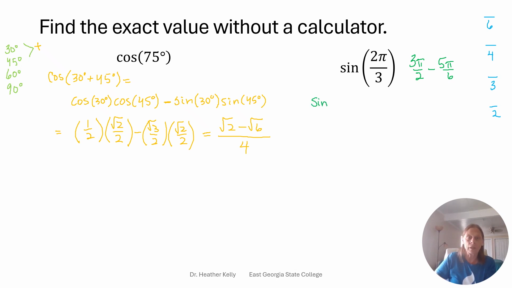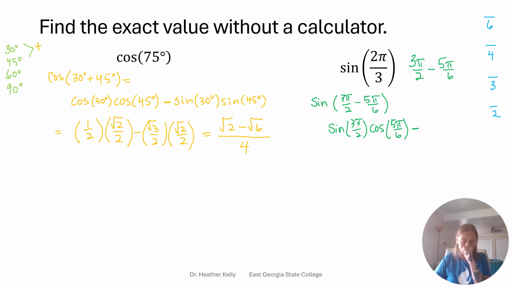And so this is going to be equal to the sine of 3 pi over 2 minus 5 pi over 6. And when we apply the rule there, that is the sine of the first angle times the cosine of the second angle. Signs stay the same. We're just flipping the trig functions around on the sine, so we leave the sign of what's happening.